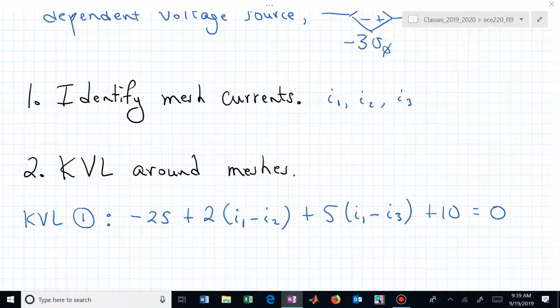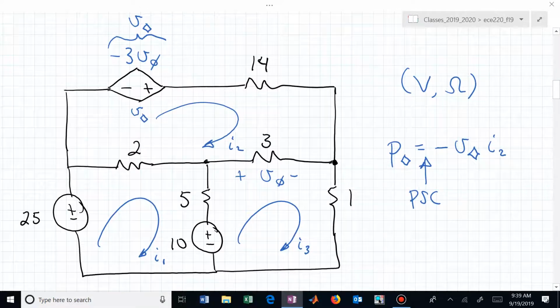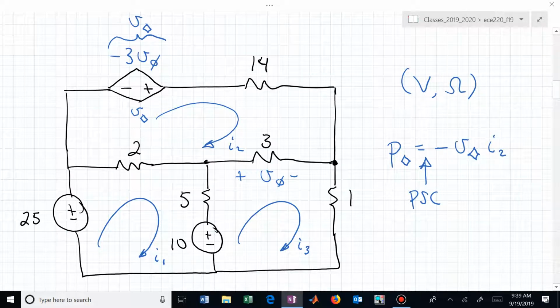We're going to need 3. We have 3 unknown mesh currents. Now we can write KVL for mesh number 2. And here's where you need to just keep track of the signs. If I start in the upper left-hand corner, I'm going to now go minus whatever that voltage is on that dependent source.